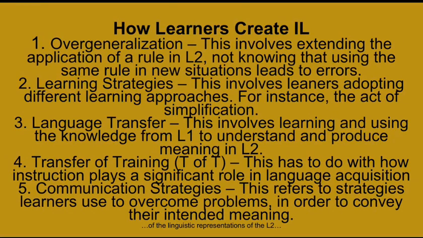Okay, because you are already familiar with some rules in the target language, you now extend that rule to all other aspects, not knowing that using the same rule in a new situation may likely lead to errors.